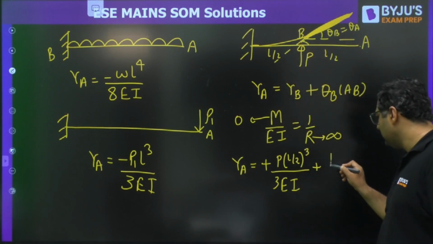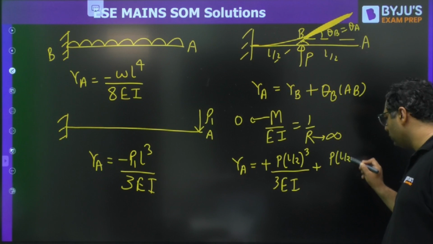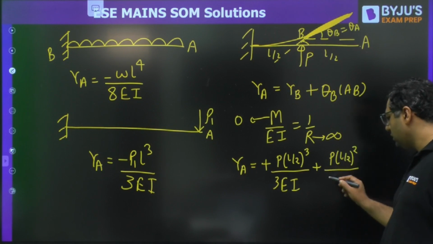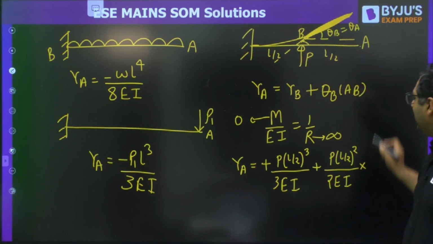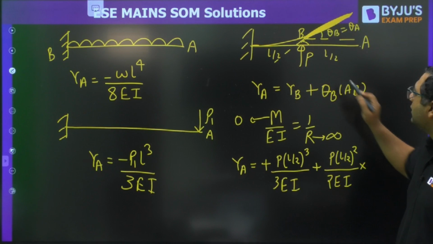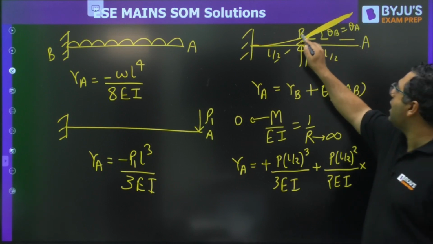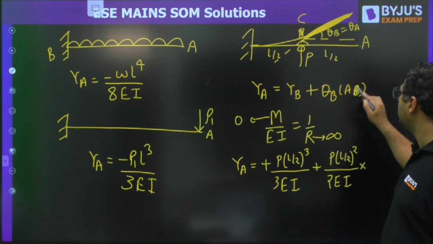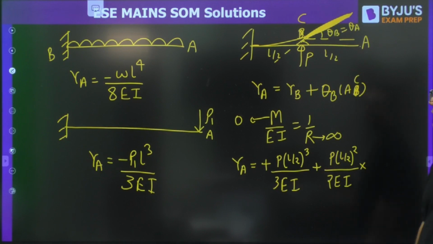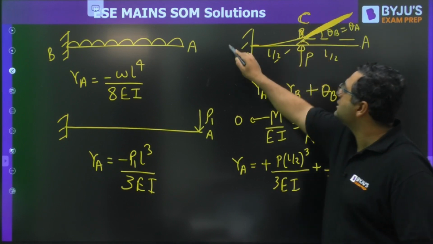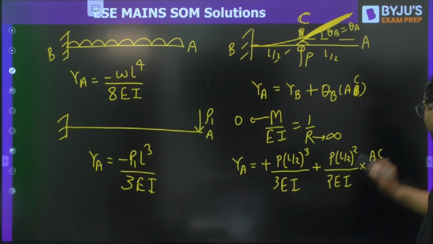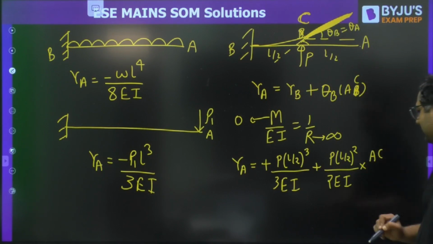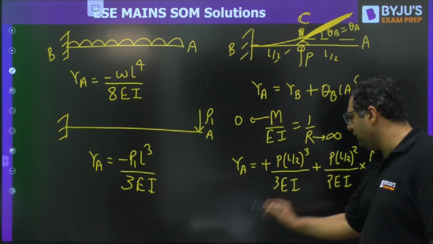So plus P into (L by 2) square upon 2EI into, this is C now, so AC. This is C actually, this is B. So my dear, this is AC, and AC is L by 2 again. So you will put the value, you will get it here.